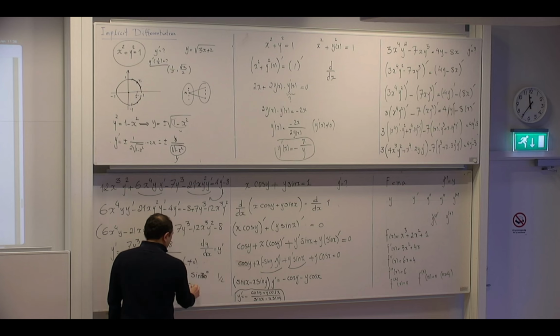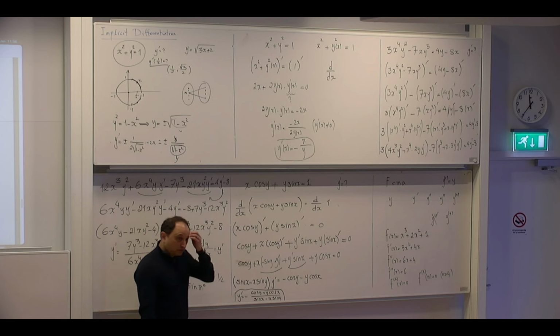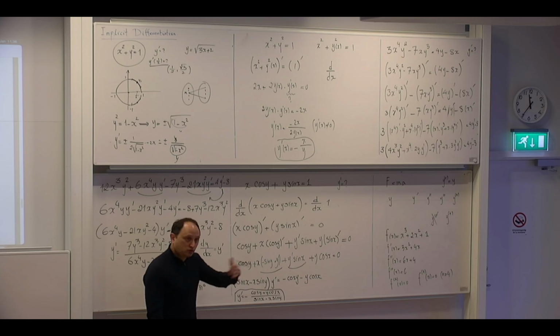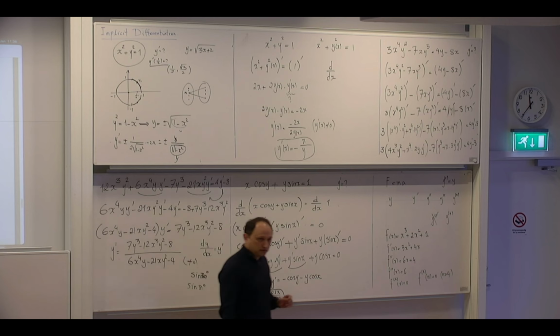But if I ask you what is sine of 31 degrees, that's not exactly 1/2. We want to find an approximation. But if I go to higher and higher order derivatives, I can make this approximation better and better. We will talk about that.